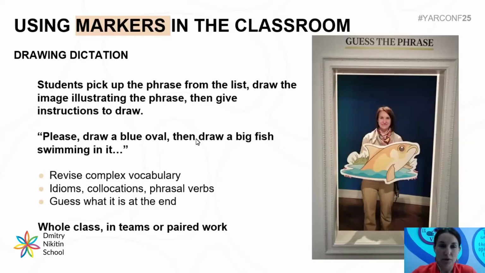And then they give instructions to others. By the way, what is the phrase in the picture? You can use instructions like, please draw a blue oval and then draw a big fish swimming in it. Yes, you're right. It's big fish in a small pond.